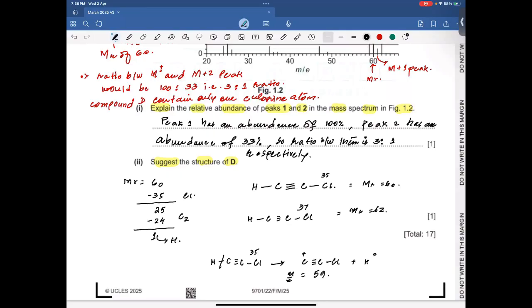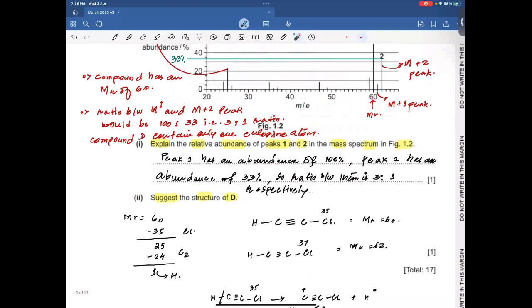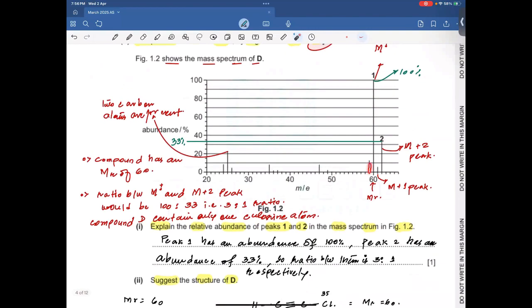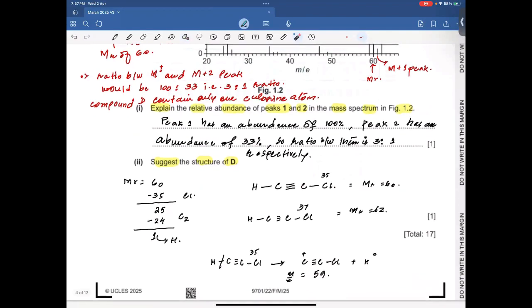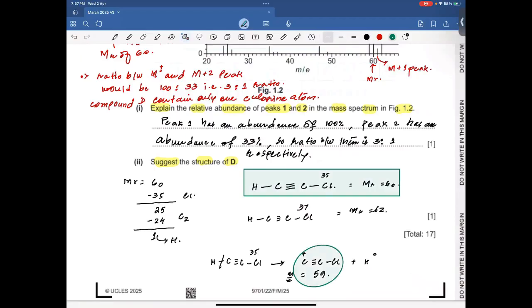So if I have this fragment at 59, its peak should also be at 59. So here is the peak at 59. All right, which means that's my correct answer, because this structure gives this peak in the mass spectrum, along with the molecular ion peak and the M+2 peak also.